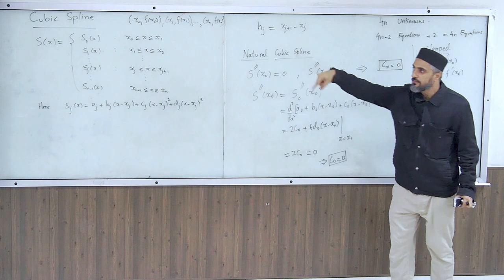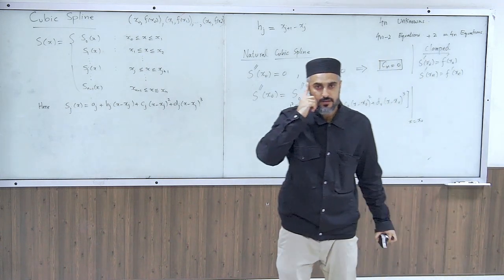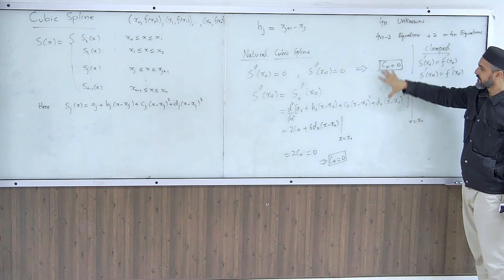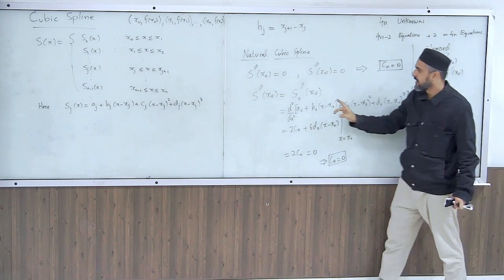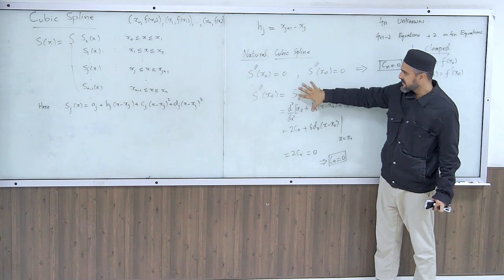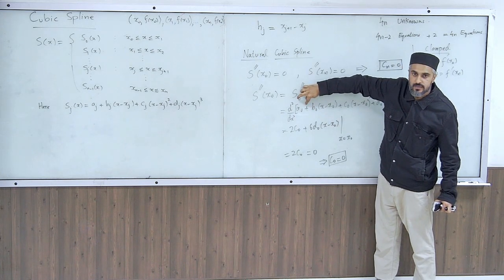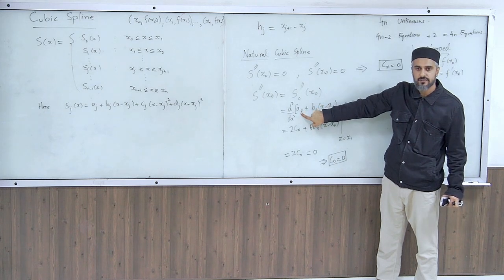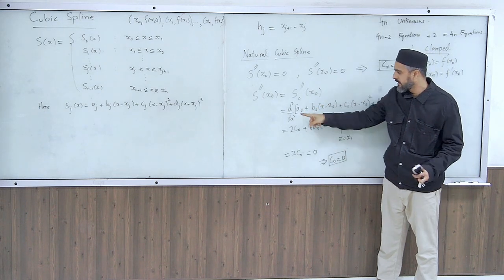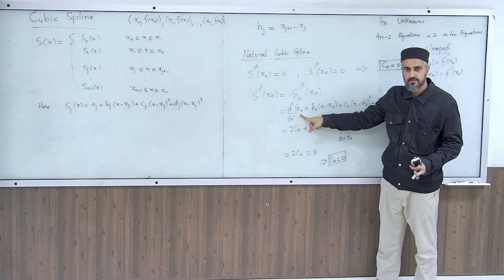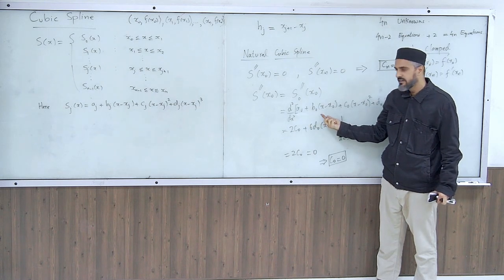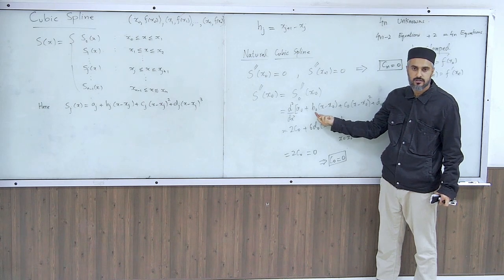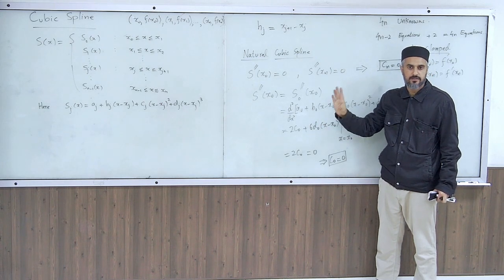Now if you see this particular slide, this derivative, what is S0? S0 is this. Now if you take the second derivative, here we get 0 because it's a constant term. The linear term will also go to 0, because the first derivative is b0 and then the second derivative is 0.